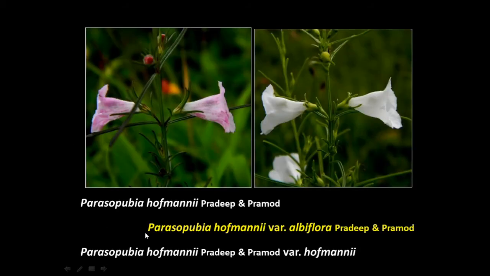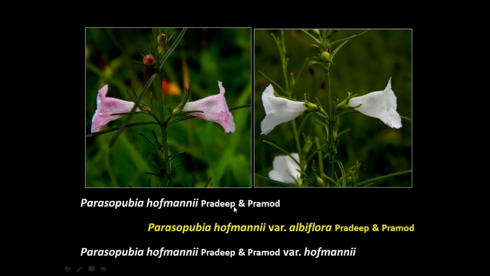Another example is Parasopubia. Parasopubia is a recently published genus, and from Kerala recently one species was described by Pradeep and Pramod, that is Parasopubia hoffmanni.